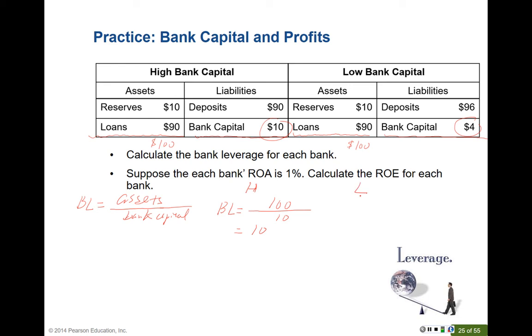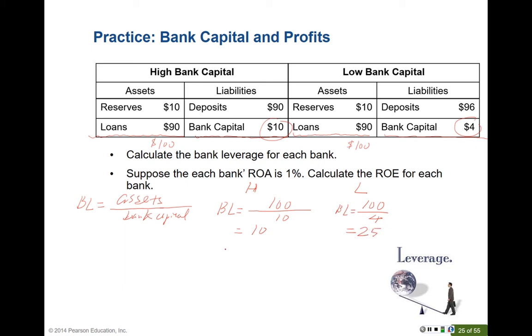For the low bank capital, bank leverage uses the same formula, the same amount of asset, but the bank capital of the low bank equals 4. So bank leverage equals 25.